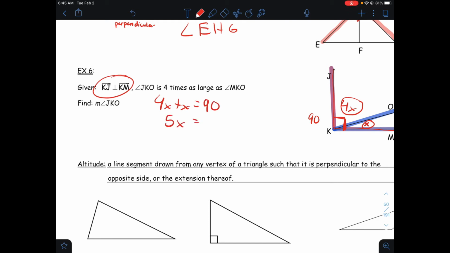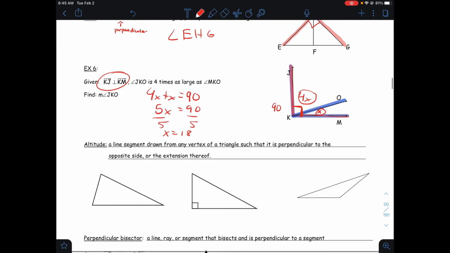You get 5x equals 90. Divided by 5, 90 divided by 5 gives us 18. So x equals 18, but they're asking for JKO, so we need this big angle. We're going to do 4 times 18, which gives us 72. So we'll say the measure of angle JKO is 72 degrees.